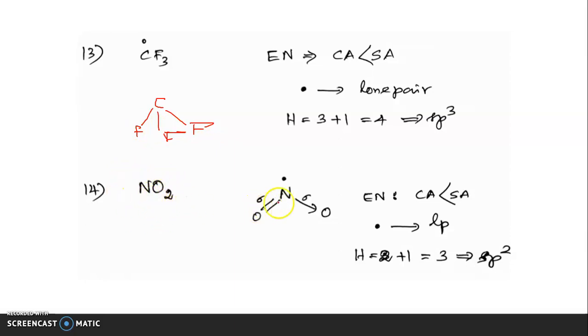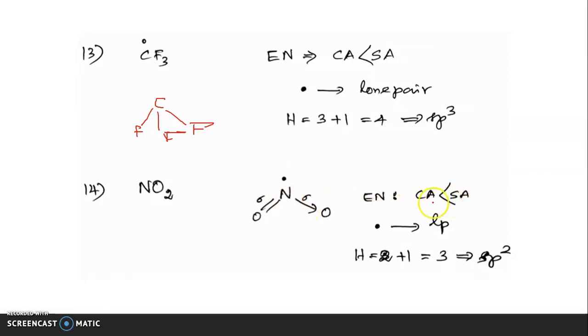Then see, I'll give one more example. NO2. This is the shape of NO2. It has a double bond and a coordinate bond. You know very well, a coordinate bond is also a sigma bond, and in a double bond, one bond is sigma, the other one is pi. So we have 2 sigma bonds. Now the question is whether we should treat this radical as a lone pair or not. So compare the electronegativity. The central atom is nitrogen, the surrounding atom is oxygen.